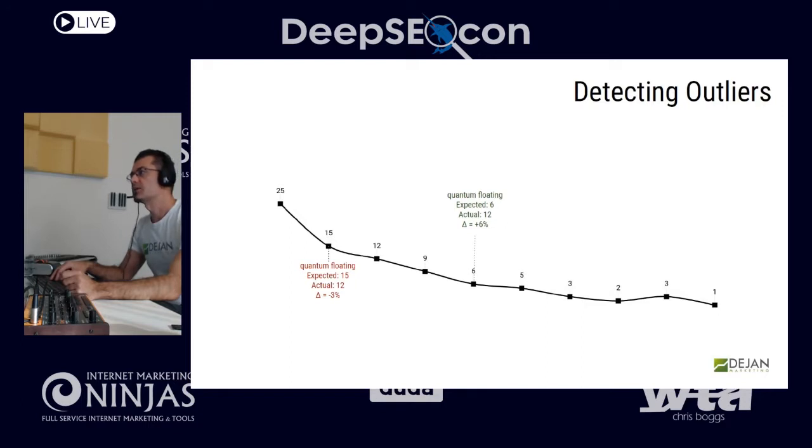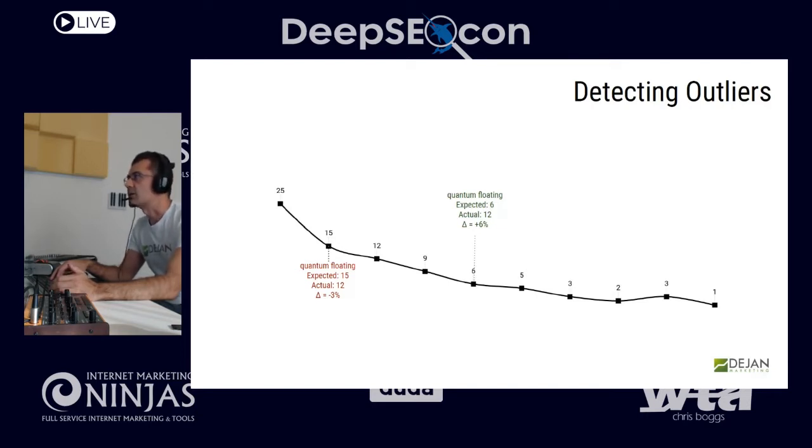Next step for us is to detect outliers. So we've got two queries, hypothetical queries, quantum floating. So we've got the expected click-through rate of 15, and the actual click-through rate is 12. So we've got a difference of minus 3% click-through rate, and that's an informative thing.